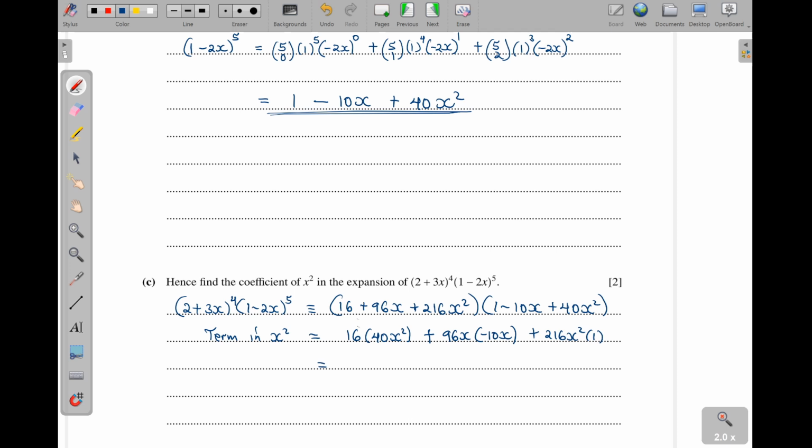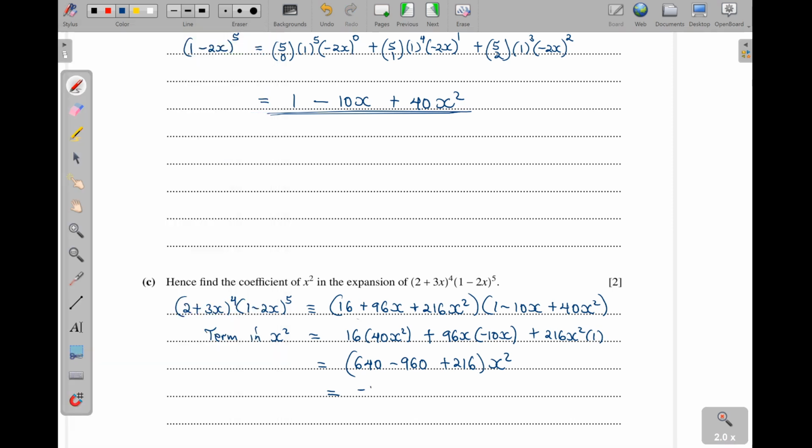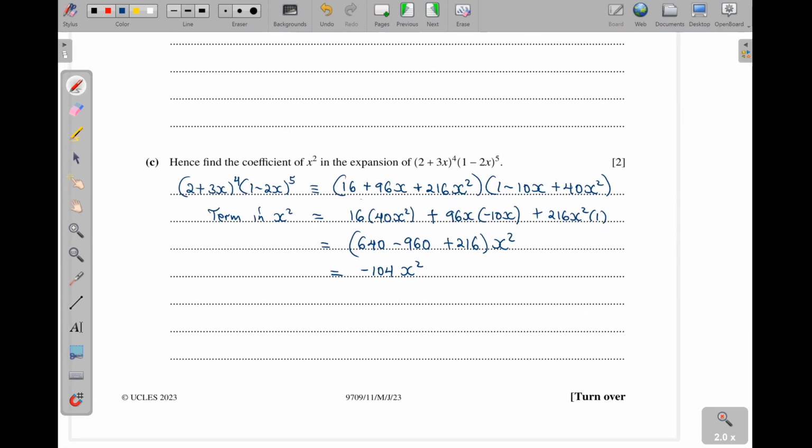So here we shall have 16 times 4, that is 64, not so? So we shall have 640, and then this one will be minus 960, and then plus 216x squared. So what do we get here? This will be the coefficient of x squared. 640 minus 960 plus 216 gives us negative 104x squared.